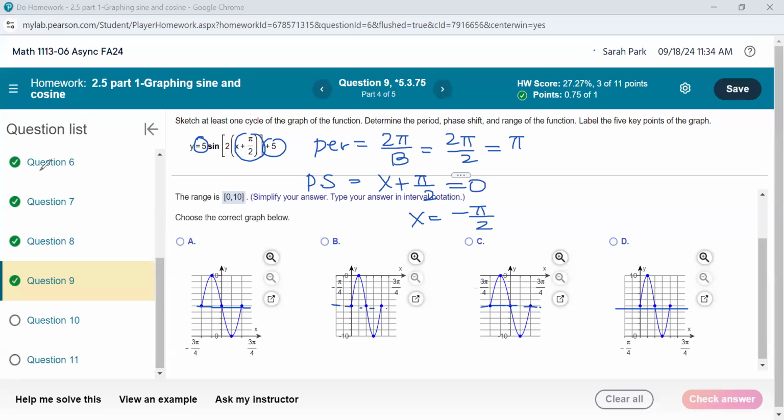So it's between A and D. We want to pick where there's a phase shift to negative pi over 2. And you can see that this one looks like it has a phase shift to negative. I'm guessing this is negative pi over 2 because this one has no phase shift. It starts at 0. And so we're going to go with A.